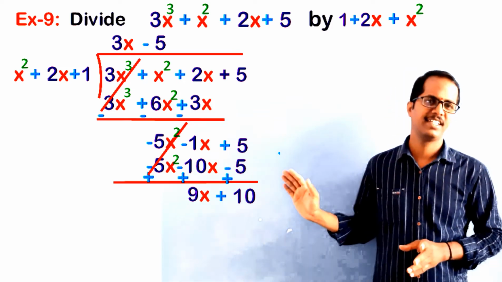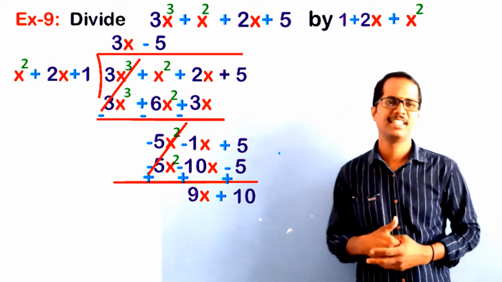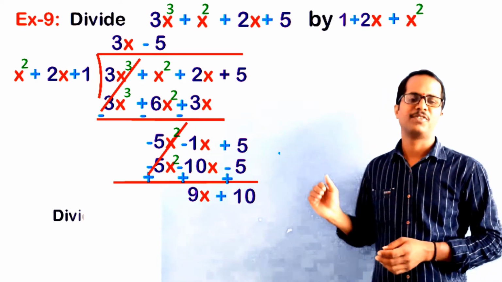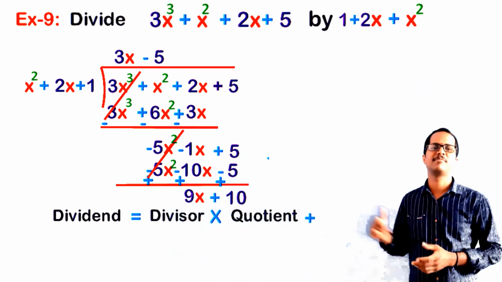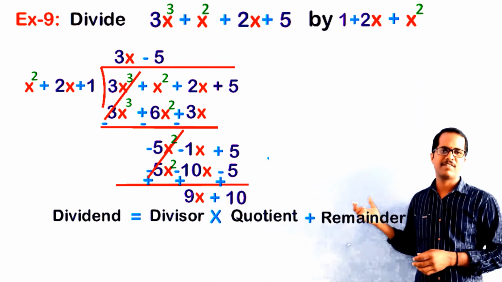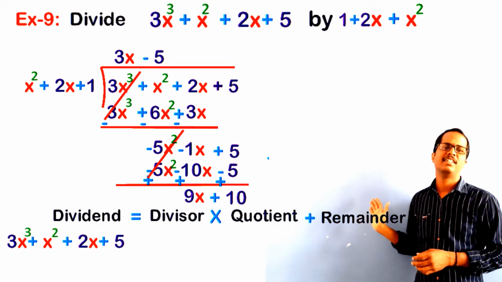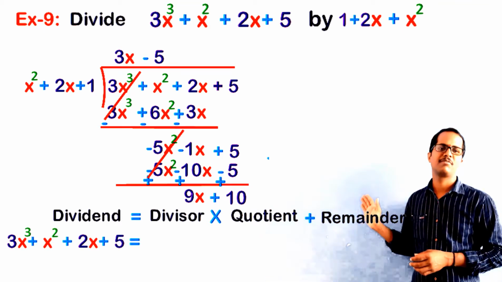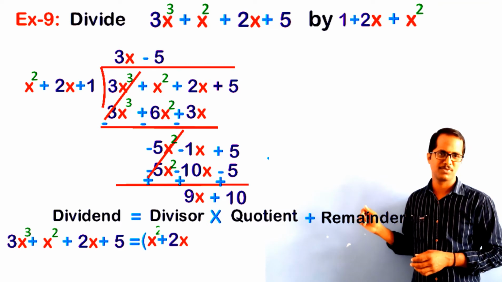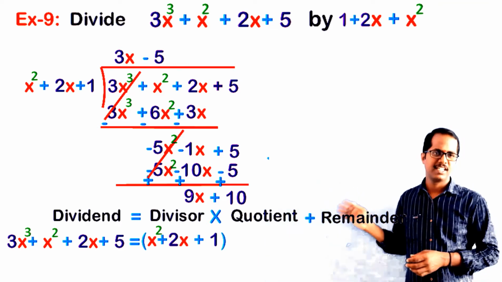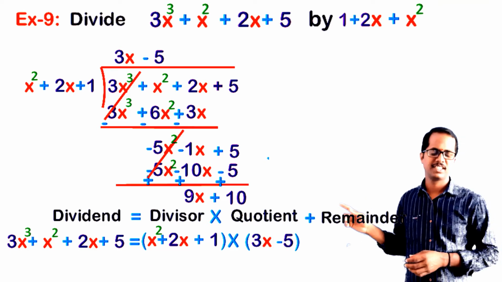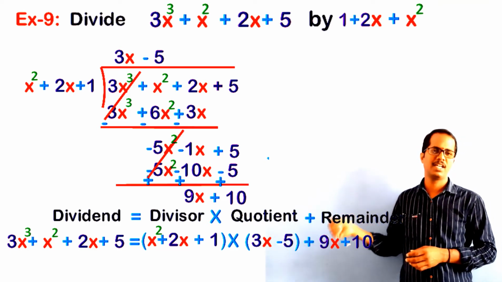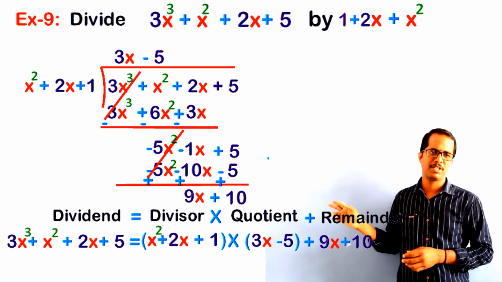Now let us verify the division algorithm for this division also. So what is the division algorithm? That is dividend equals divisor into quotient plus remainder. And by writing all this, we get 3x cube plus x square plus 2x plus 5 equals, the divisor is x square plus 2x plus 1 into quotient is 3x minus 5 plus remainder is 9x plus 10.